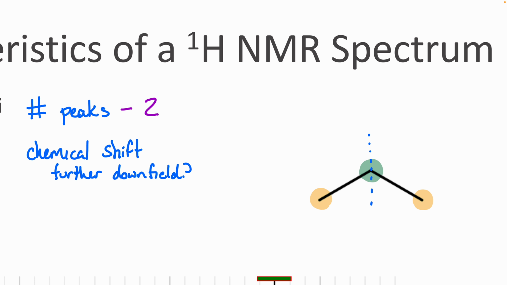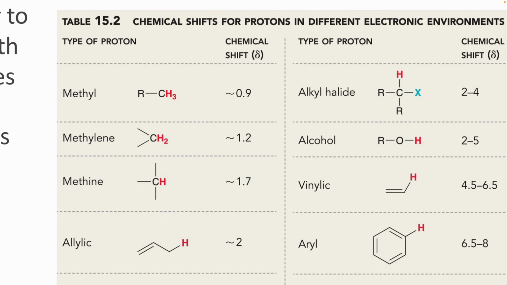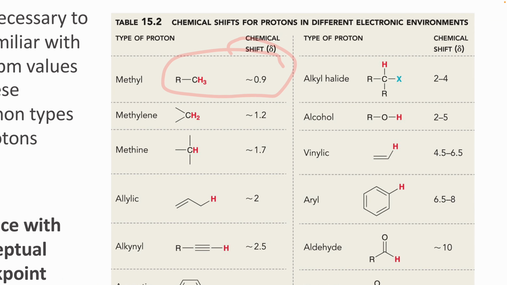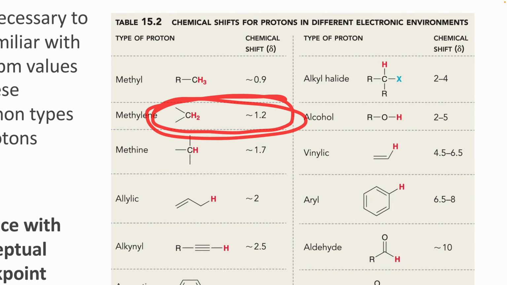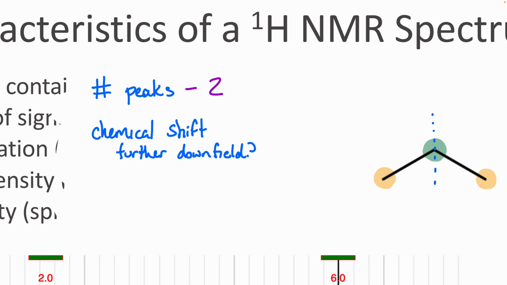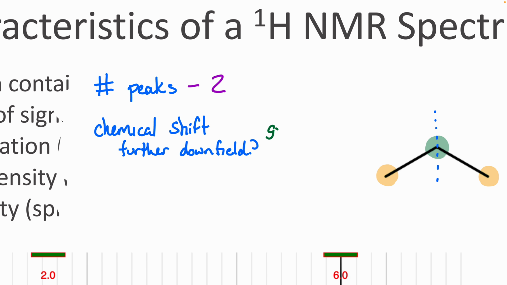Remember, downfield is which direction, left or right on my spectrum? Downfield's left, so higher ppm for downfield. So let's look here at our little cheat sheet. One of those is a CH3, the other one a CH2, so which one's further downfield? Downfield is higher ppm, so the one in the middle, which I colored in green here, should be further downfield. So this is my green.